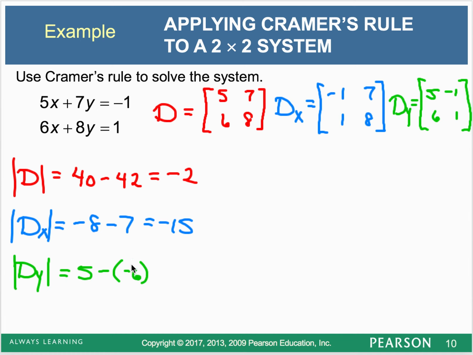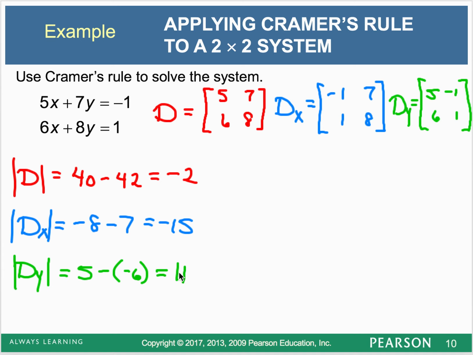So from now on, we're just going to save us some work, because when we get to these 3 by 3s, it's going to be a little bit lengthy. So hopefully we can just get to the point where we say, oh, 5 minus negative 6, we'll write 5 plus 6. So this is 5 plus 6, so 11.